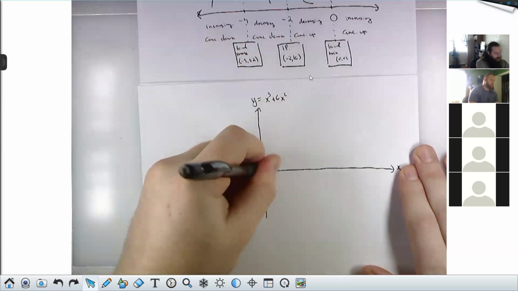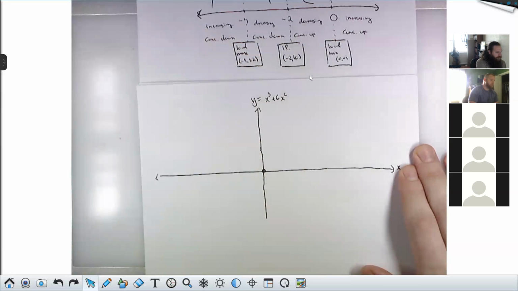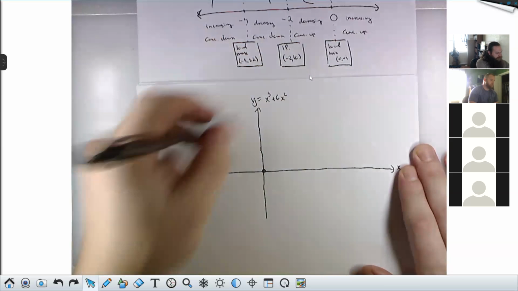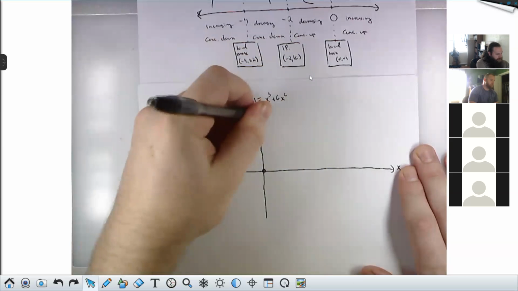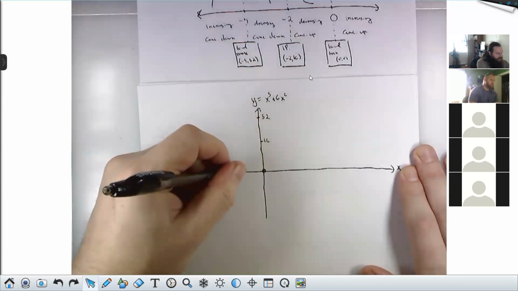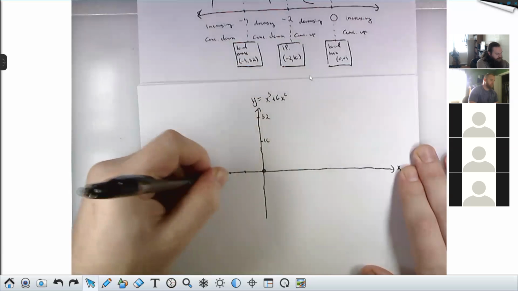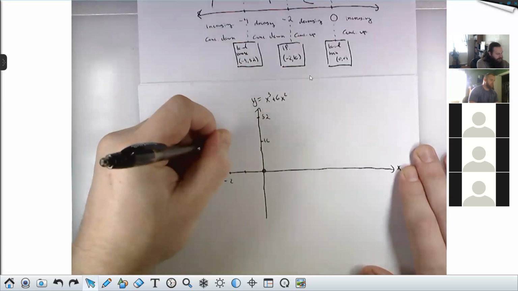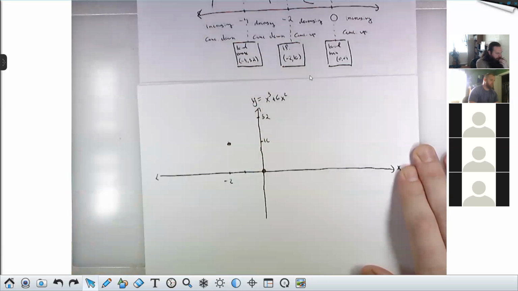So 0, 0 is on this graph. -2, 16. I'm going to mark this up here as 32, which means this right here is 16. I'll call this -1, -2, -2, 16 is on here. And -4, 32 is on there.